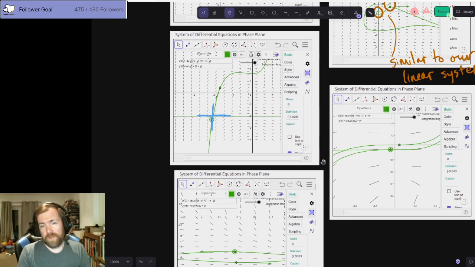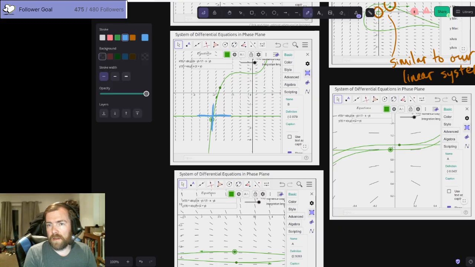Okay, and then again, behaviors around that, we can see that some of our function was going like this, and some going like this.